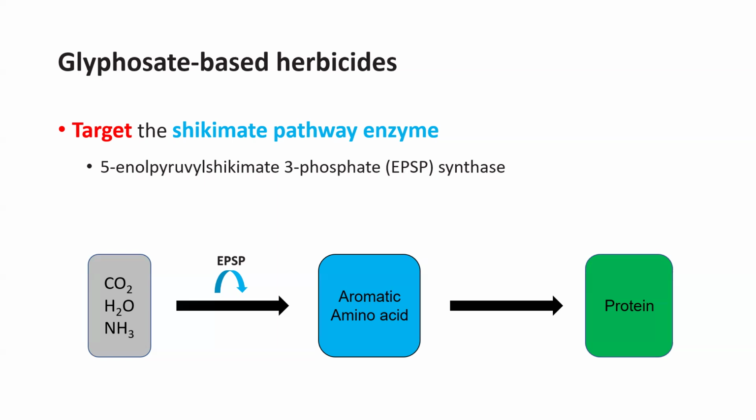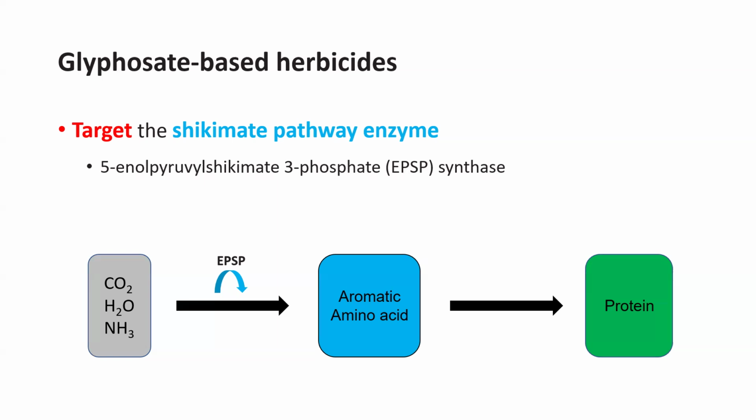Glyphosate targets an enzyme in the shikimate pathway called 5-enolpyruvylshikimate-3-phosphate synthase, or we can say EPSP synthase.